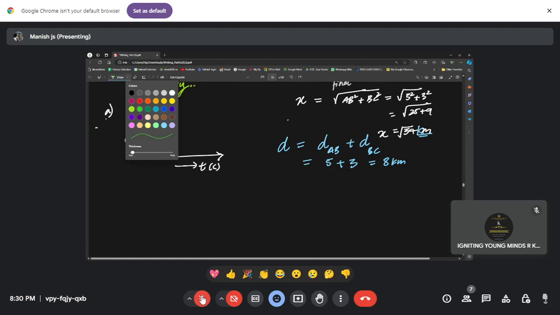Okay. What does this graph represent? If I'm going to have a line which is straight, parallel to the time axis, again, you can see that there is no change in displacement, right? The displacement is the same. There is no change in the value of displacement. So by just looking at the graph visually, you can conclude that the object is at rest.